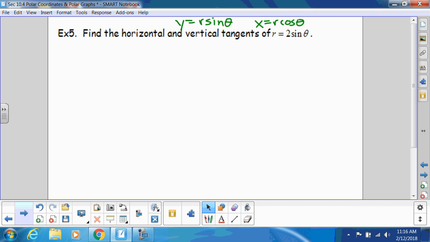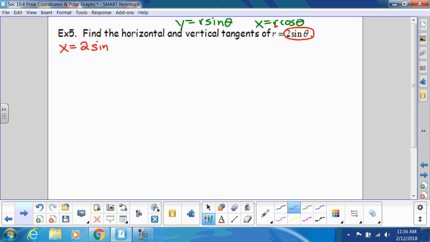Okay, so if I do x is equal to 2, so all I'm doing is, instead of having r here, I'm replacing it with what r is equal to. So 2 sine of theta cosine of theta. And then my y is just 2 sine squared of theta.